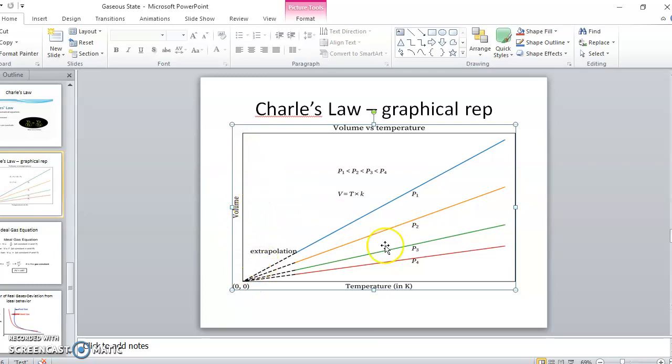Since the volume is increasing, moving from P4 to P1 the pressure must decrease, because pressure and volume are inversely proportional. So P1 is the least pressure, while P4 is the maximum pressure. So there is a relation between all these pressures and volumes.